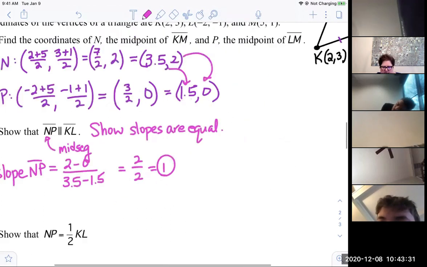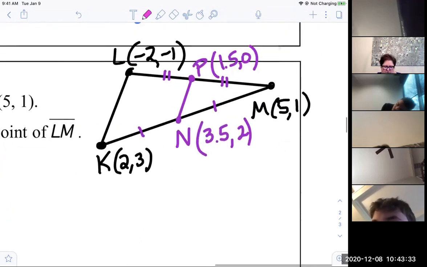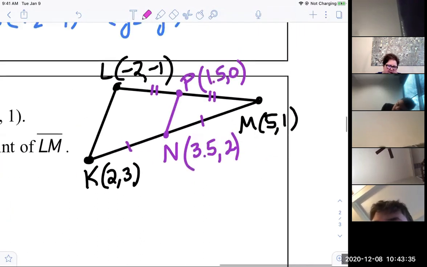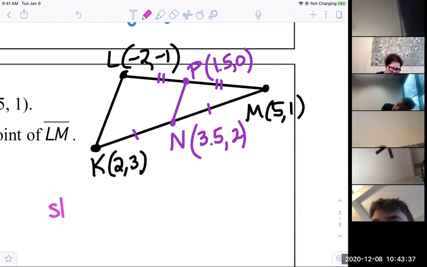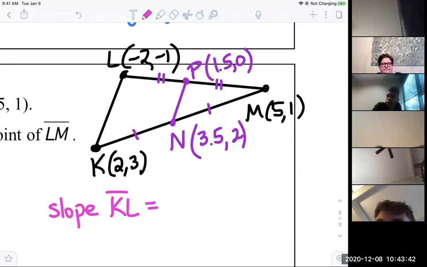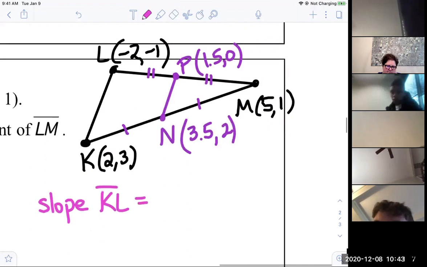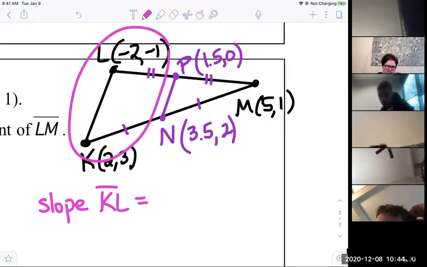We'll do the same thing for segment KL. Drew, tell me how to find the slope of segment KL. So you use the points of K and L. Give me the calculation.